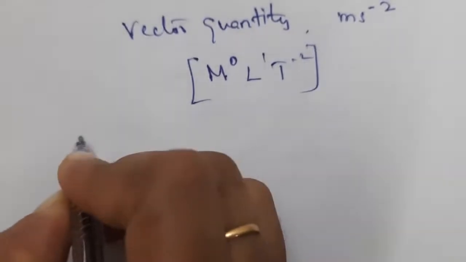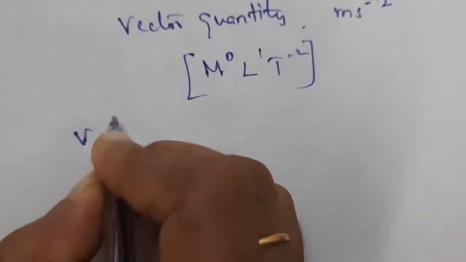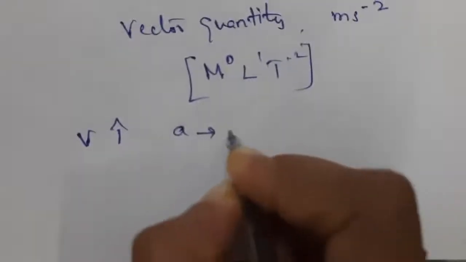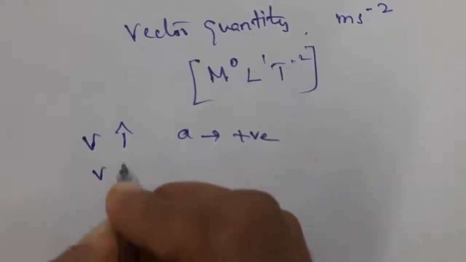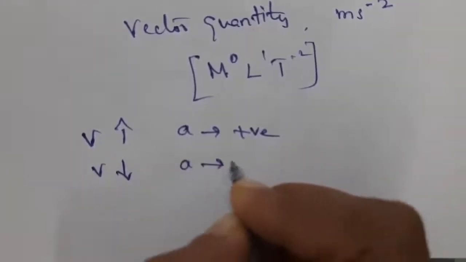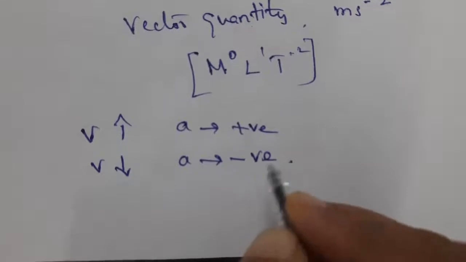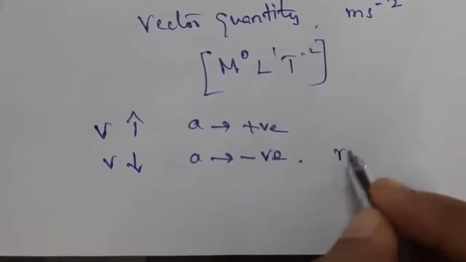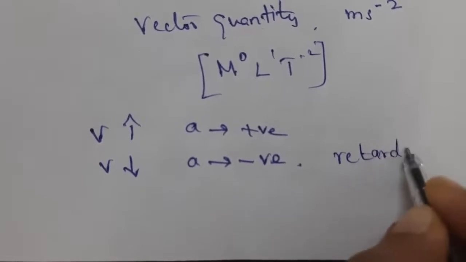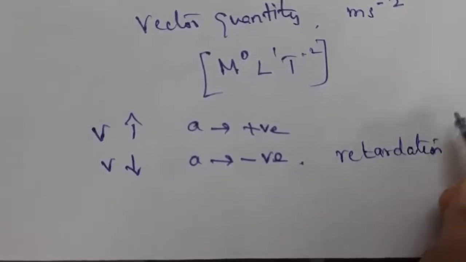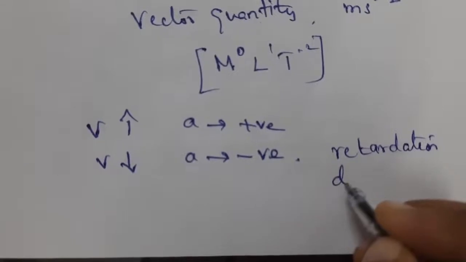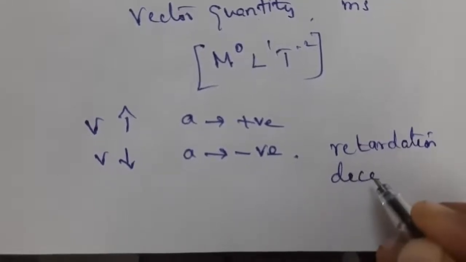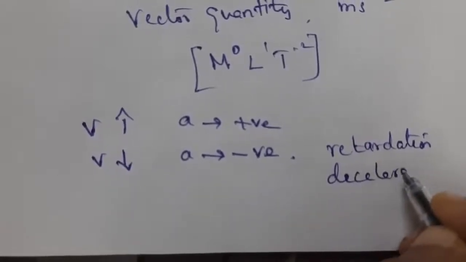If the velocity is increasing, acceleration is said to be positive. If the velocity is decreasing, acceleration is said to be negative. Negative acceleration is called retardation, or we can say deceleration.